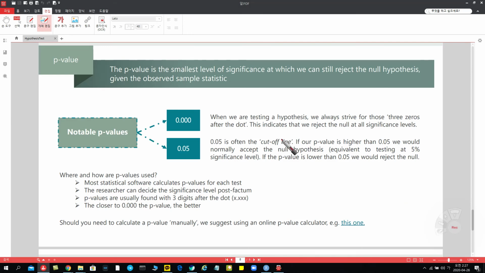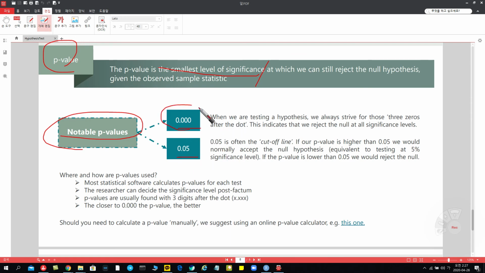This is the p-value. The p-value is the smallest level of significance at which we can still reject the null hypothesis given the observed sample statistics. Notably, we use the p-value.